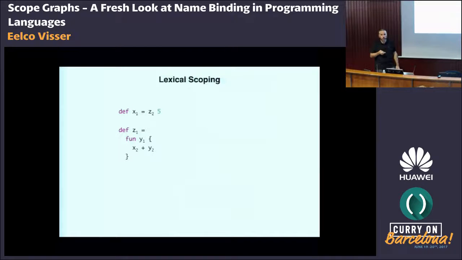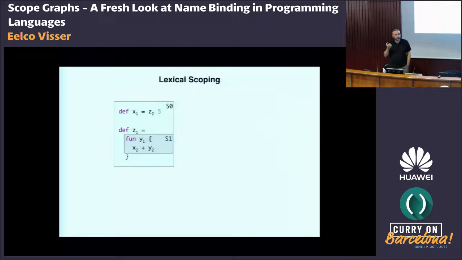Now let's look at more interesting cases. For example, lexical scoping. So another example program, we have two declarations again, but now one of the declarations is a function, and so fun here is lambda. So the y1 is the argument of the function, not the name of the function. And so what we see is we have a global scope, and we have a nested scope, which is the scope of the function.